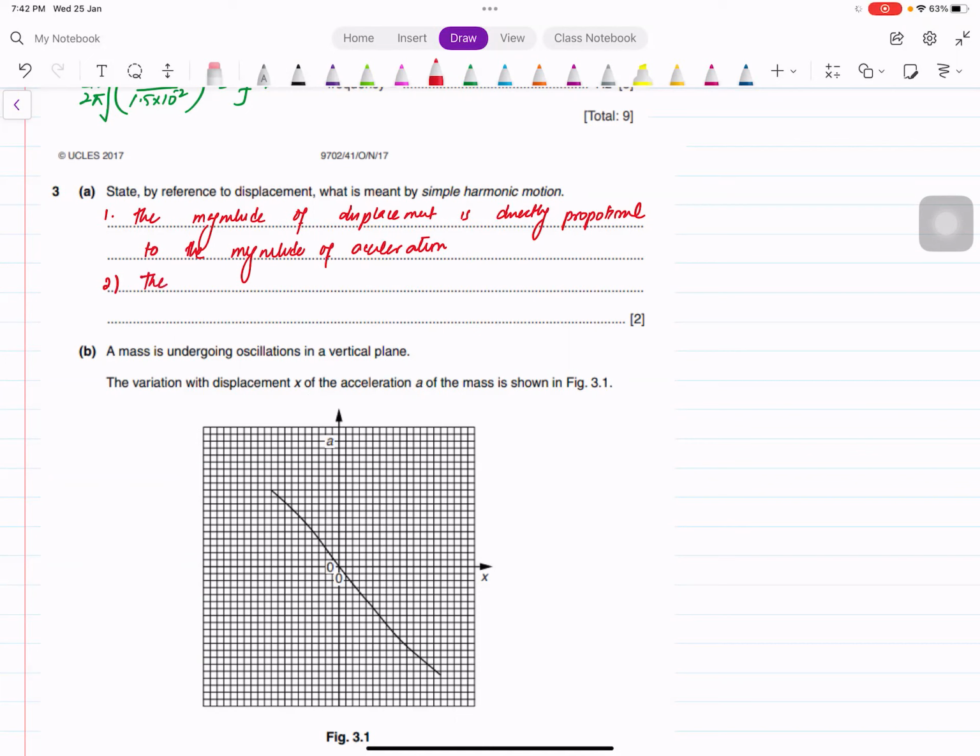Then the acceleration is always in opposite direction to the direction of displacement. If you don't want to write this long, you can always write the acceleration is always directed towards the equilibrium or mean position. All right, so that is also a perfectly valid definition. All right, everybody understands this?